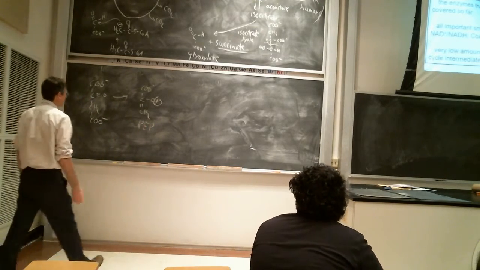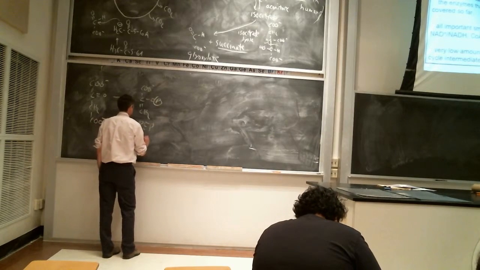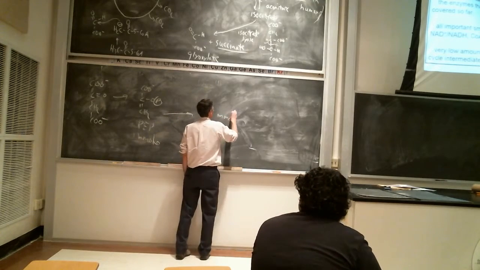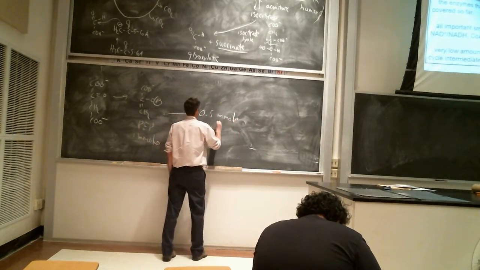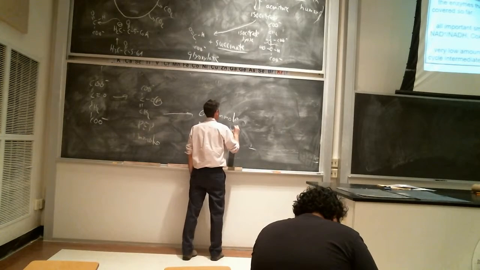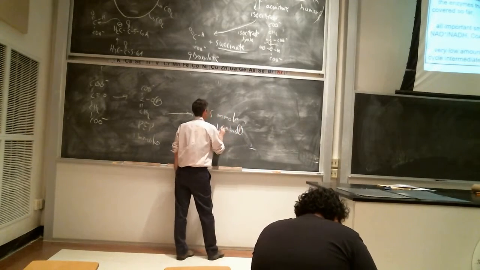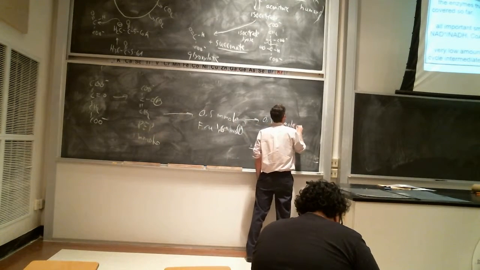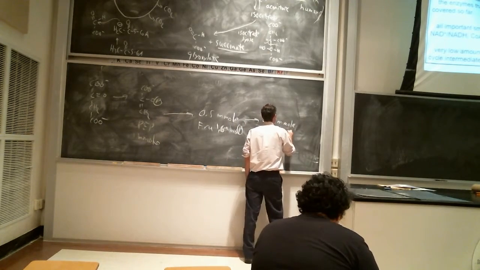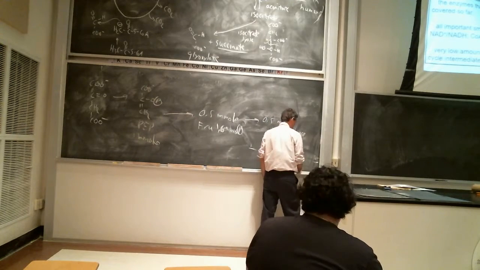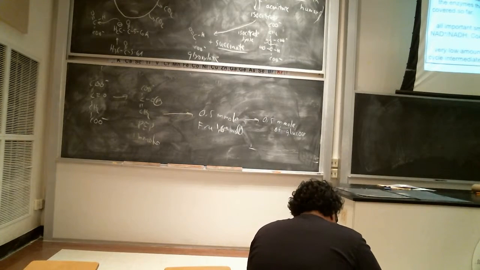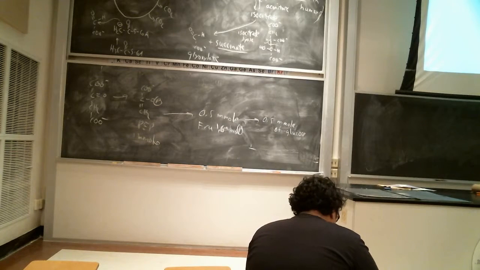So 1 millimole of PEP is enough to make 0.5 millimoles of fructose 1,6-bisphosphate, which is enough to make 0.5 millimoles of glucose. So it's 0.5. You can't get 1 because oxaloacetate is only 4 carbons. Okay, very good. So that's the answer.